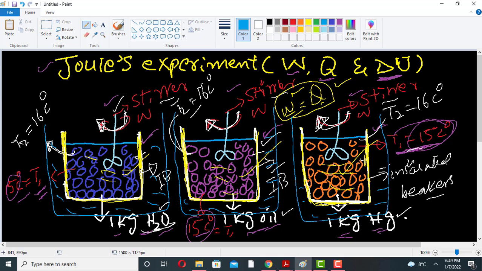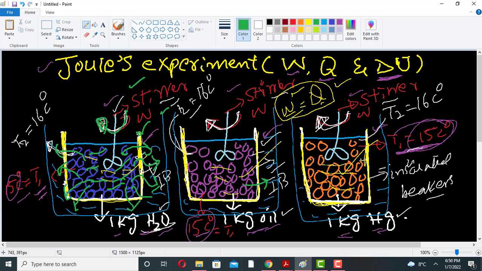So after removing the insulation, when we put the small beaker in the large beaker of cold water, the heat which was produced in this system during the work of the stirrer was transferred to the cold water.